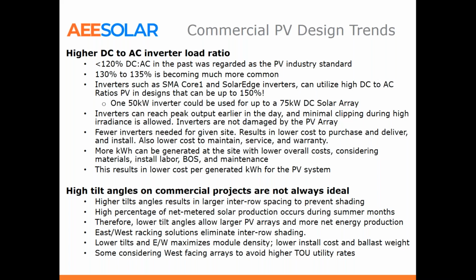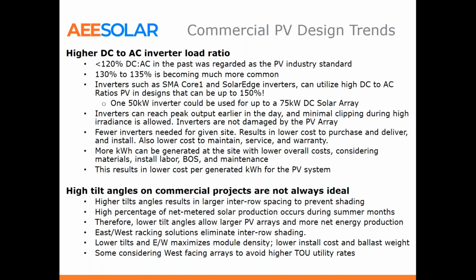We're seeing higher and higher DC-AC ratios being used. Inverters such as SMA and SolarEdge, some of those inverters could be sized as high as 150% DC-AC ratio. For example, a 50 kW inverter, an SMA Core 1, we could design that to have up to 75 kW of DC solar array going into that inverter.